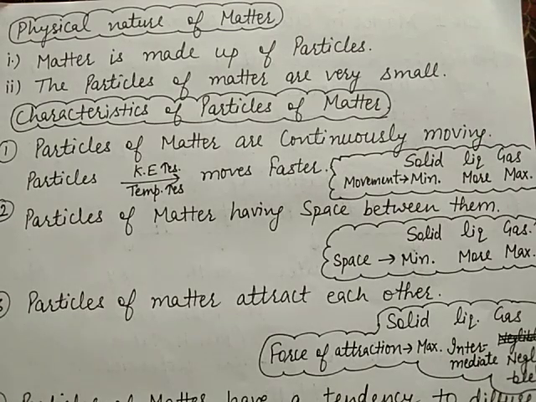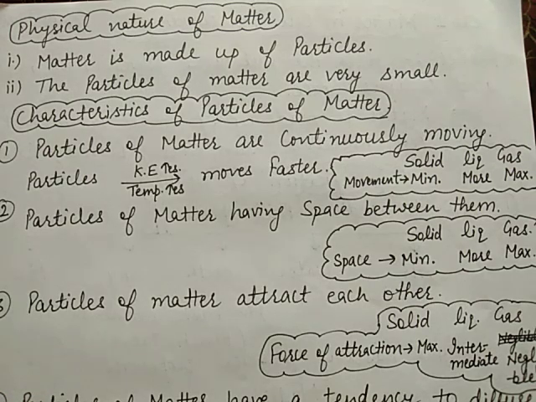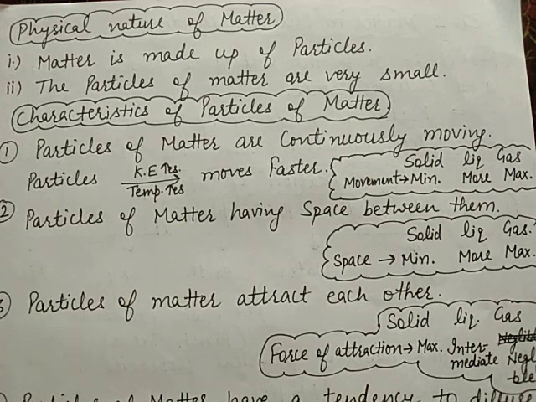Take 10 ml of this solution and dissolve it in 100 ml of water. Take 10 ml of this solution and dissolve in 100 ml of water again. Repeat this process 5 to 6 times.